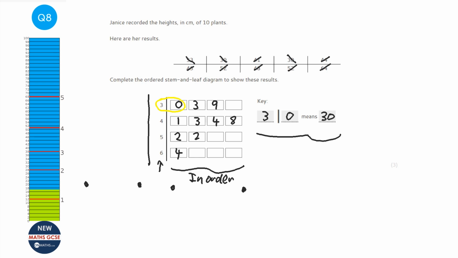Well, not quite, because you can get ones that are 4 line 1 means 4.1, which is why these ones here aren't always going to be tens. Sometimes those will be units and you'll be writing down the decimals. So just look out for that. Now you need to have, first of all the numbers in the stem and leaf, secondly them in order, and thirdly the key. That's what the mark scheme is going to say.